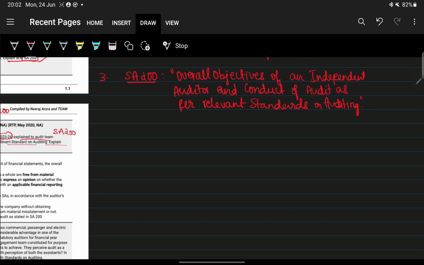Next, what else did they want? As per SA 200, the objectives of an auditor are as follows.